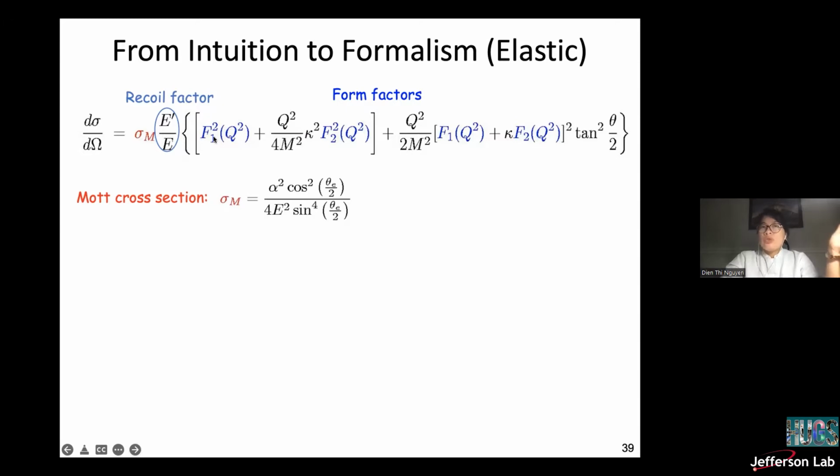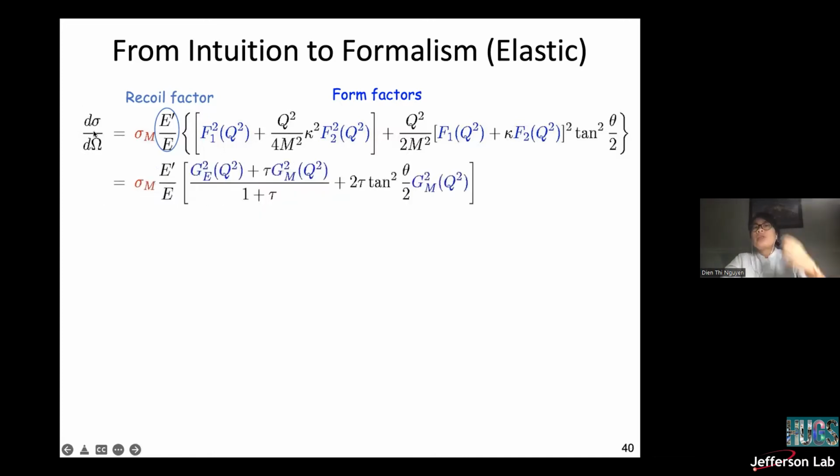So there are two form factors here, F1 and F2. This F1 and F2 will provide the information on the electromagnetic structure of the nucleon. So this is one way we can write the form factor to present this cross section. We can also change it and write it in terms of GE and GM here.